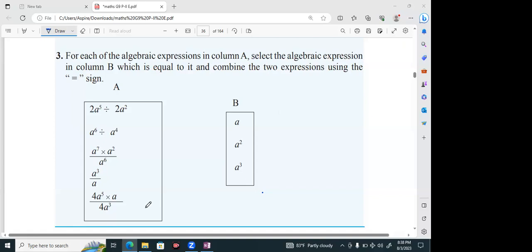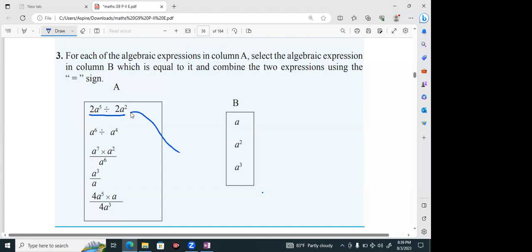Okay, have you finished? What is the answer for this one? Tell me. a to the power 3.